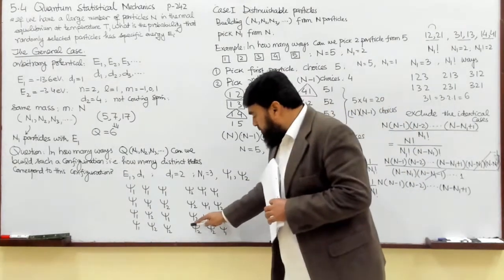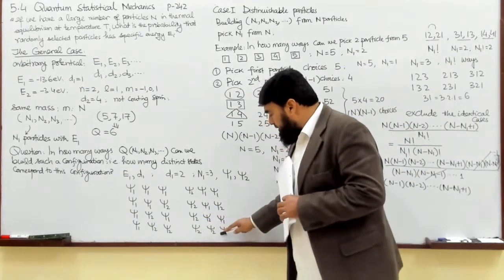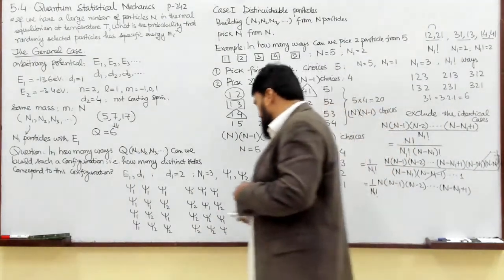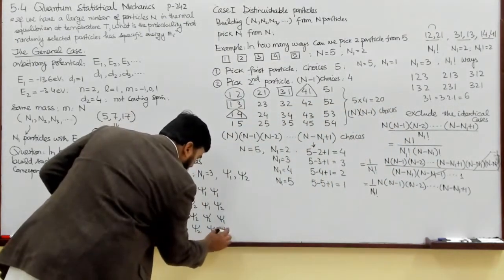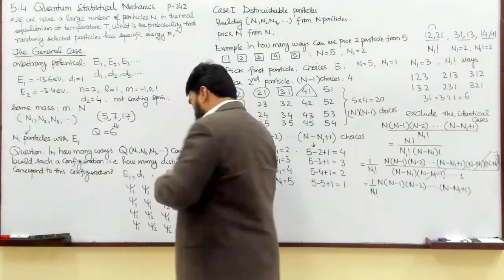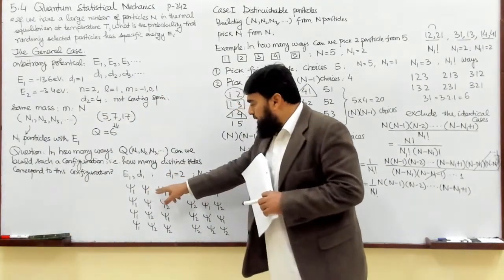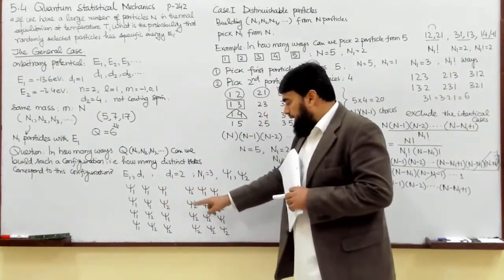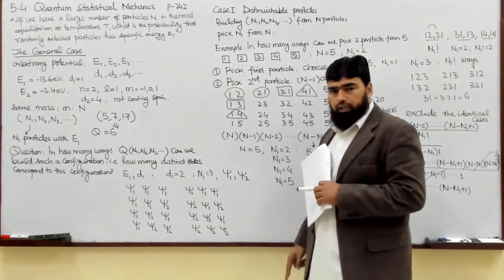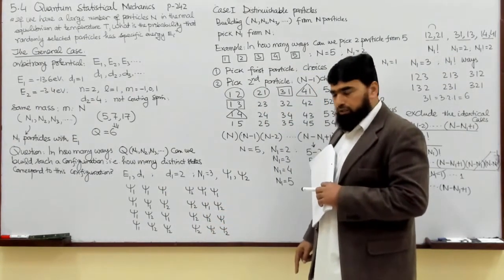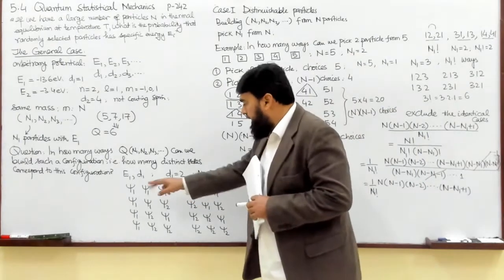Or I can put all the 3 particles in psi 2. Here this one is psi 2. Either I can put all the 3 particles in psi 1, or I can put all the 3 particles in psi 2 spaces or states.